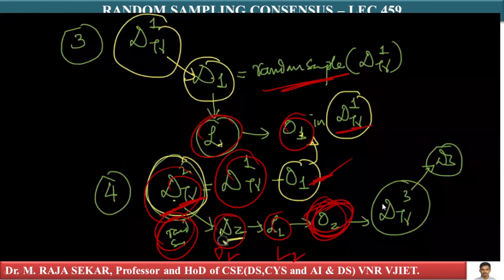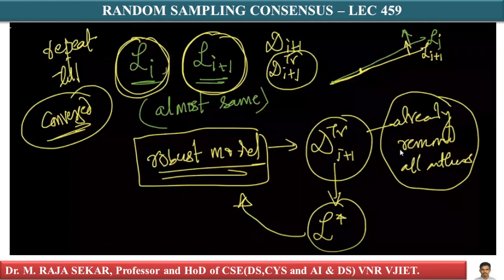Then we get DTR3. Keep repeating till the time your model that you got in the ith iteration and the I plus 1th iteration are very similar. If they are similar, I can say it has converged, because there is no more change in the data.